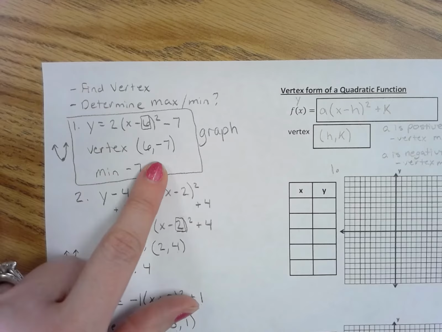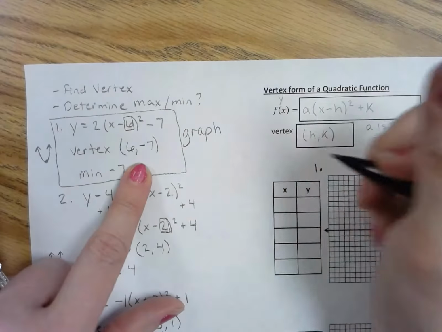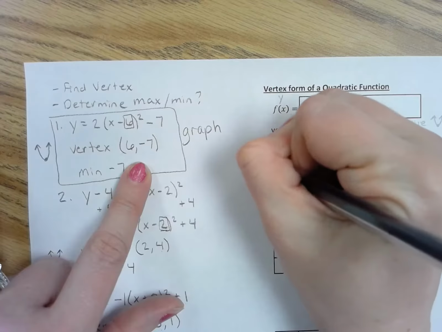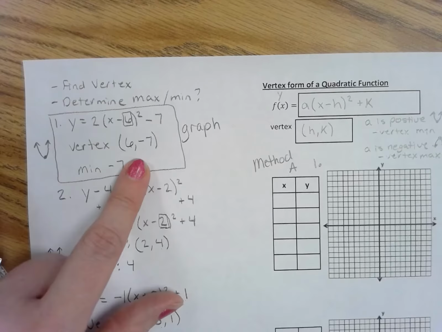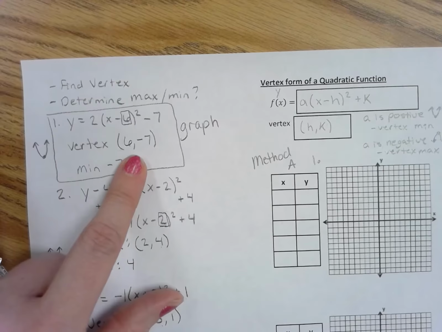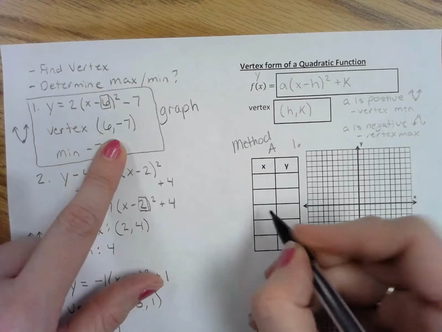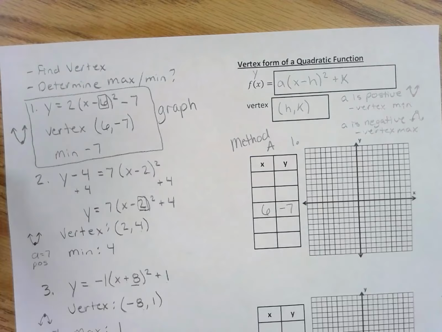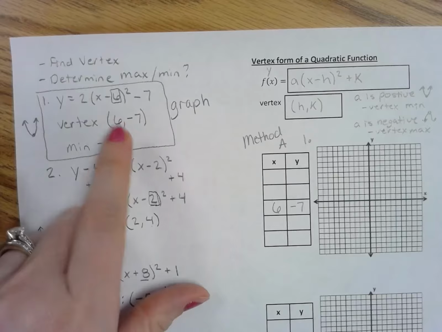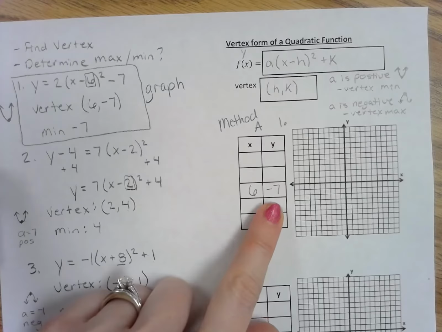We identified our vertex. The first method of graphing, so I should call it method A, is a lot like when you graph standard form. You find that vertex, you put it in the center of the table, you complete the table and graph the points. So let's go ahead and do that. We have already identified the vertex to be at 6, negative 7.